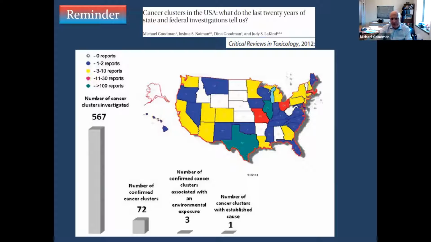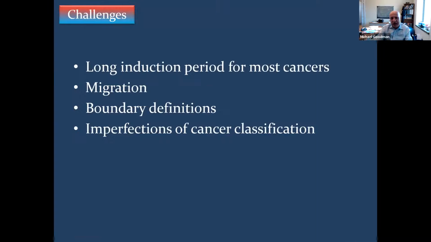So anyway, be that as it may, this was where the data stood about 10 years ago, and that's based on 20 years of data that we reviewed. The reason we picked 20 years is that in 1990, for those of you who are interested, you may still locate a special issue of the American Journal of Epidemiology.